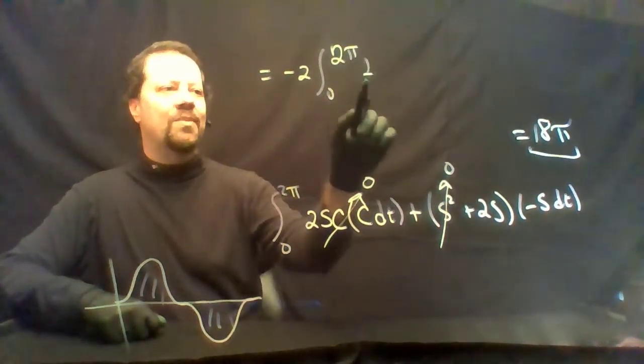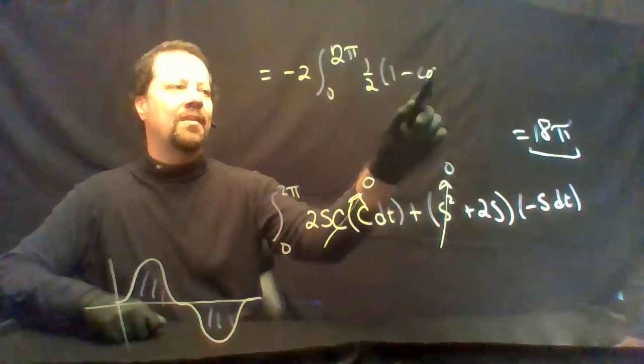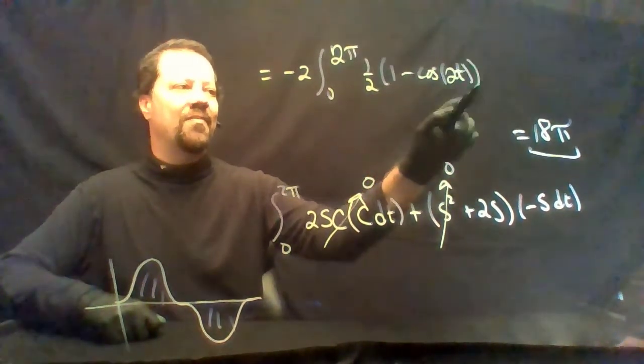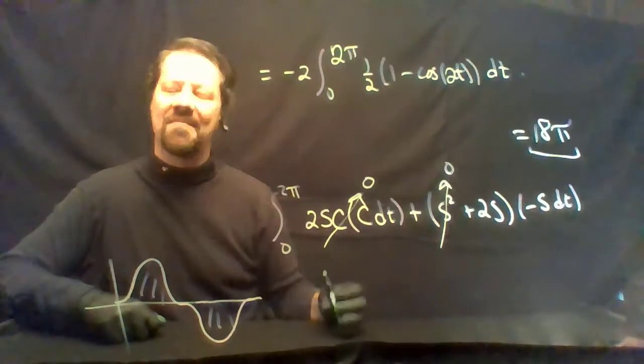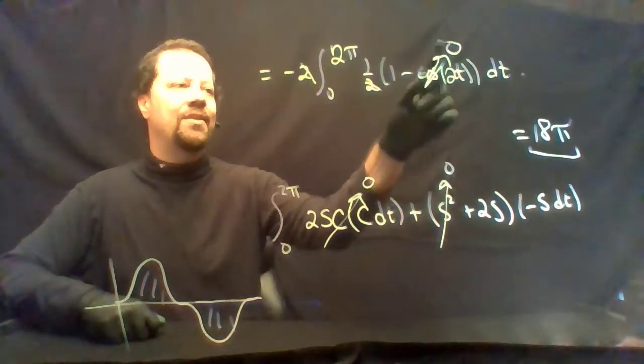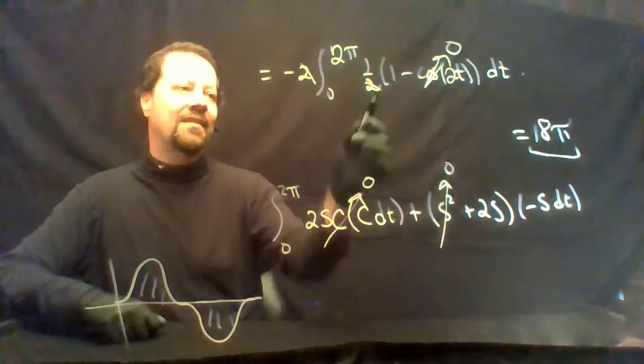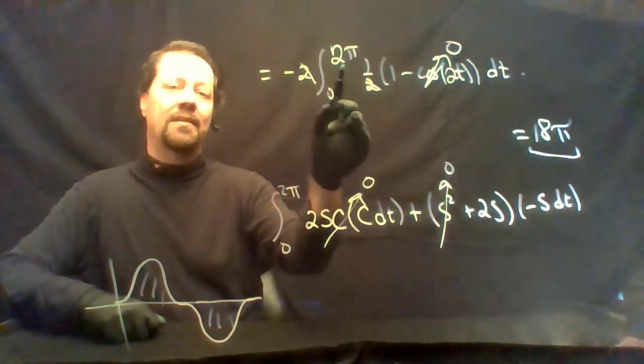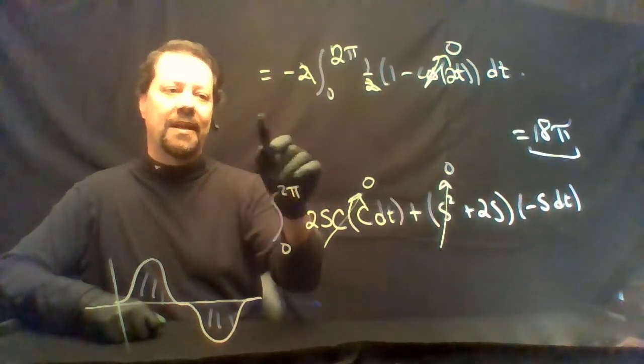But sine squared is 1/2 times 1 minus cosine of 2t by the half angle identity. The 2's here cancel, and the integral of the cosine of 2t contributes nothing. We're integrating 1 on an interval of length 2 pi. That's 2 pi, but with a minus.